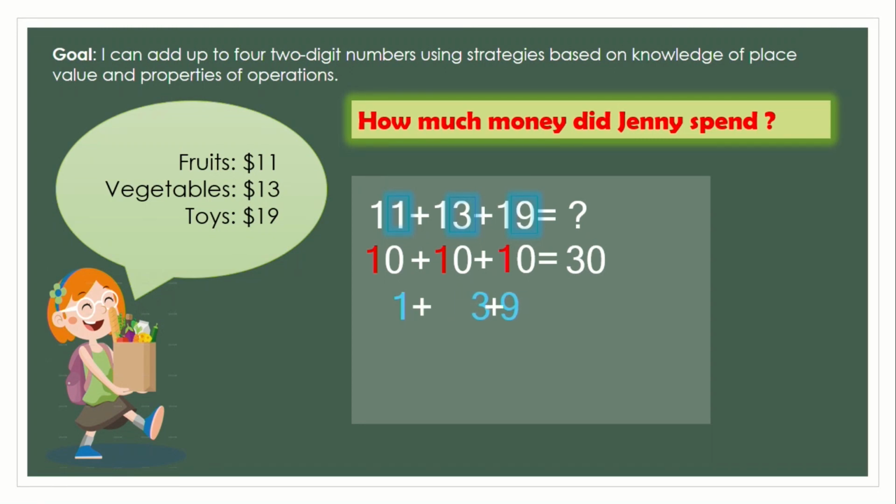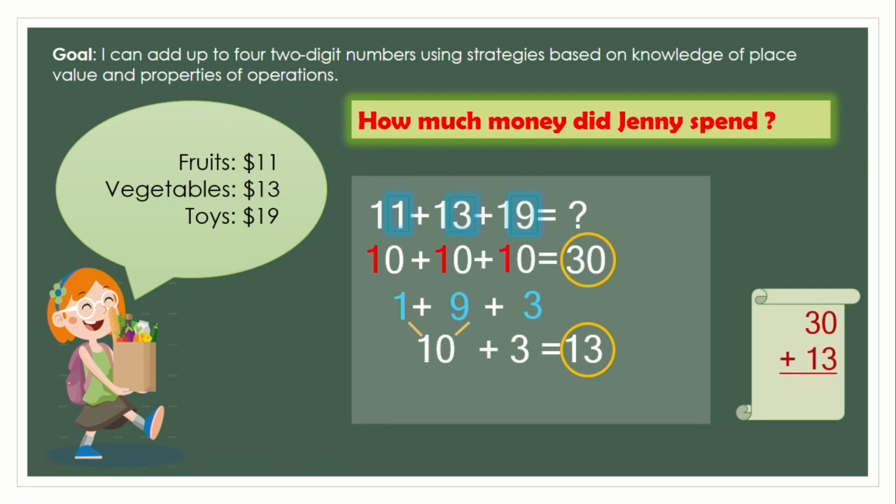So I can switch 3 and 9, add 1 and 9 first to get 10, then add 3 more to get 13. Now if I add 30 and 13 together, I'll get a sum. It will be 43. I spent $43.